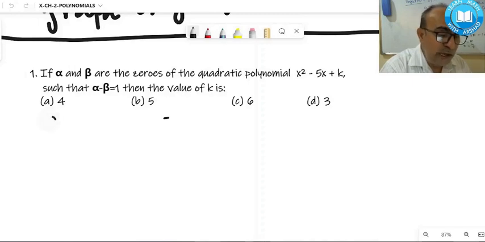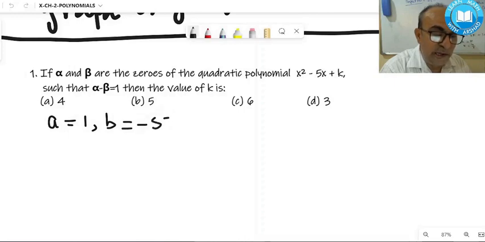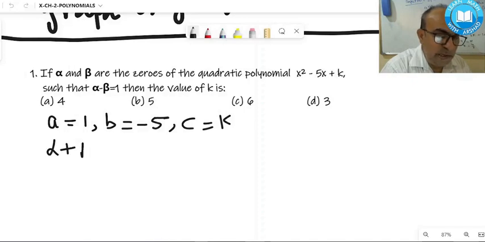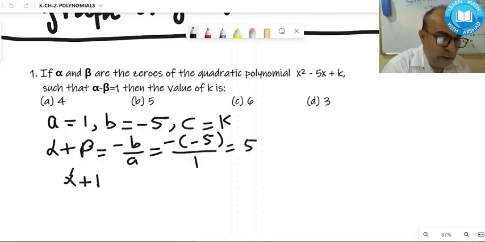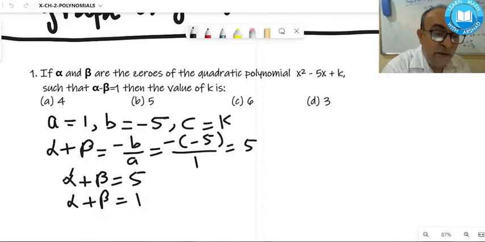As you know, alpha plus beta equals minus b by a, where a is the coefficient of x square, that is 1, b is the coefficient of x, that is minus 5, and c is the constant term. So alpha plus beta equals minus b by a, which is minus minus 5 by 1, which is 5. So alpha plus beta equals 5, alpha minus beta equals 1.